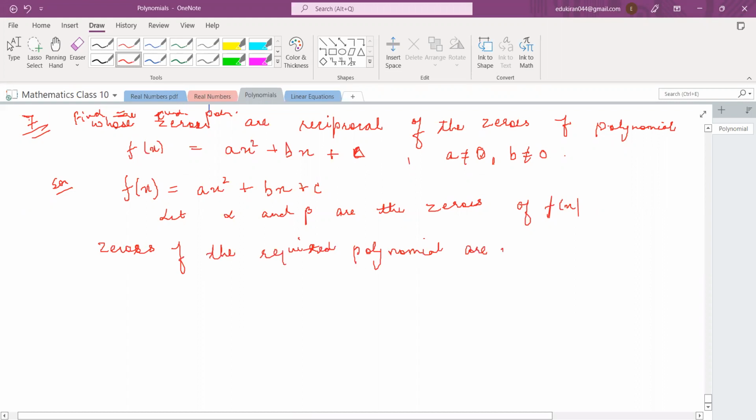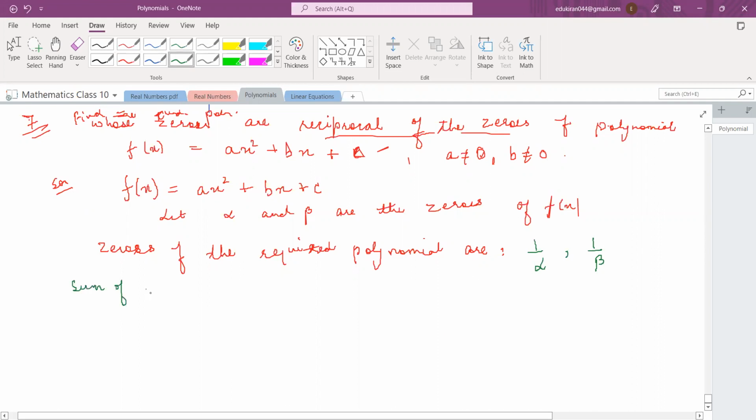Now look at the question: find the quadratic polynomial whose zeros are reciprocal of the zeros of this polynomial. Clear? Yes, yes. Okay, so f(x) has zeros alpha and beta, so the required polynomial will have zeros 1 by alpha and 1 by beta. Understood, all of you? Yes, ma'am.